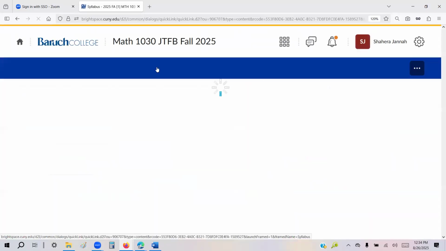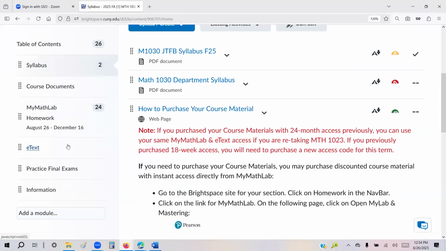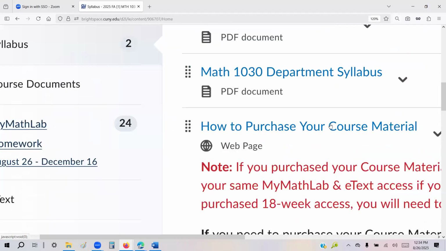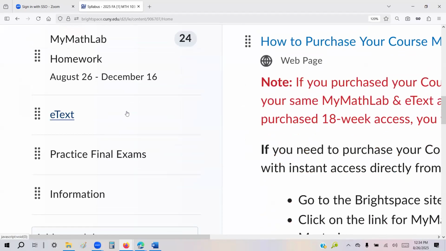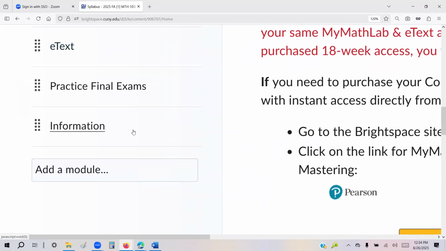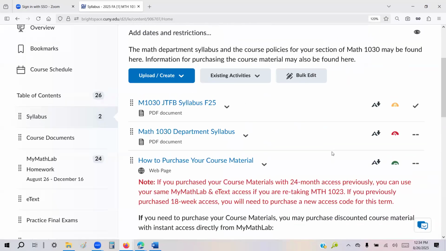So if you go to under content on the top part, under content on the left side, it's small, let me make it bigger. You have many tabs, syllabus, course documents, MyMathLab, eText. So to access your ebook, this is the option. You click eText, and the department also put some final exam. So all of these are from department. I didn't put anything yet except for this one.